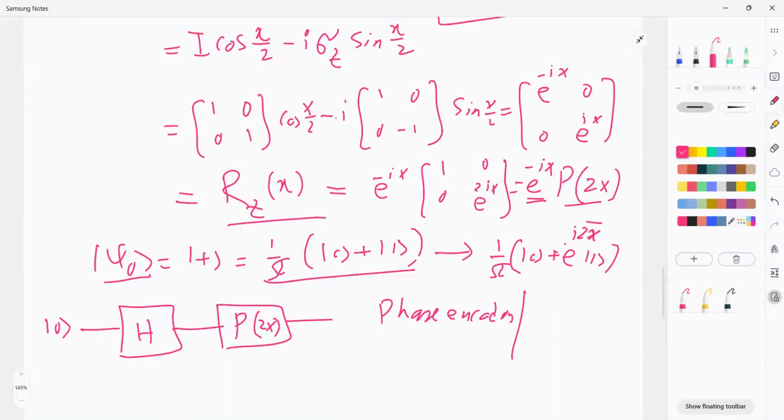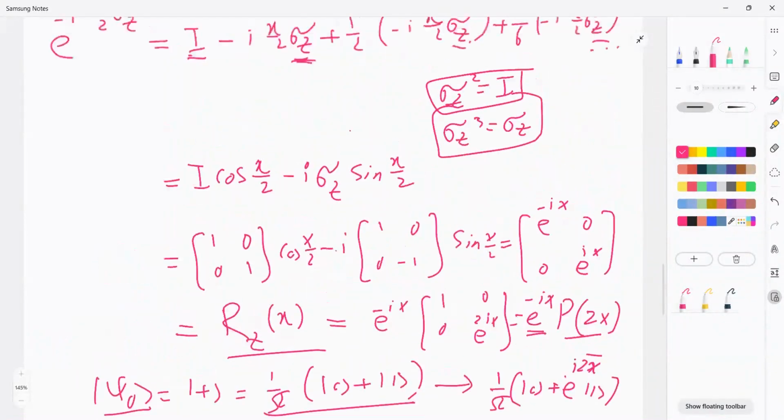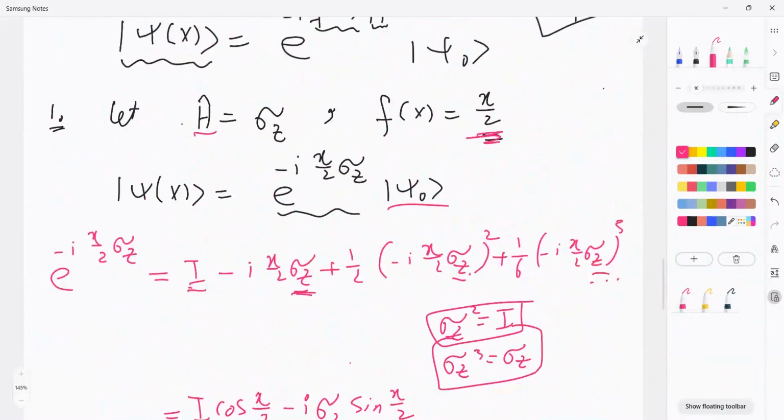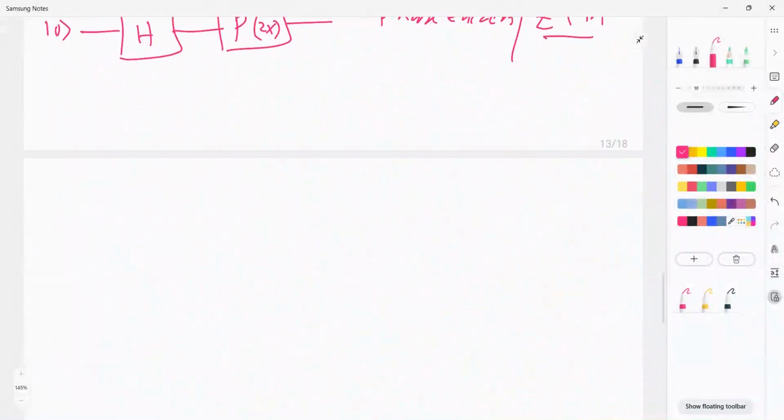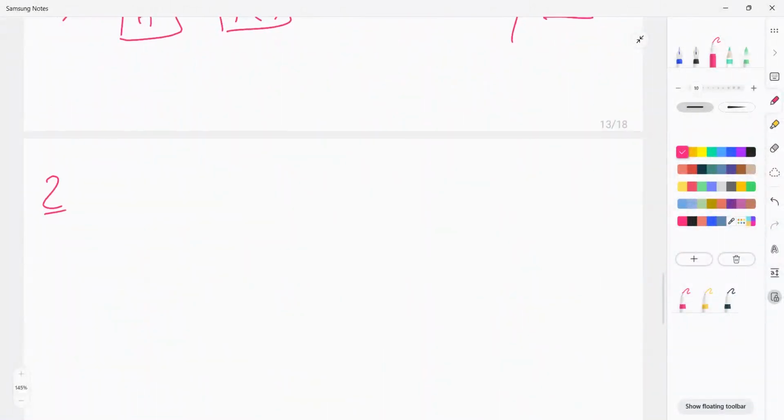but we also call it the Z feature map, because this is generated by a Hamiltonian which is sigma z. And now you can easily see that I can generate many other encoding schemes as well. Suppose I still take f of x as x by 2, but this time let me take the Hamiltonian as sigma x, and take the initial state psi naught to be 0.